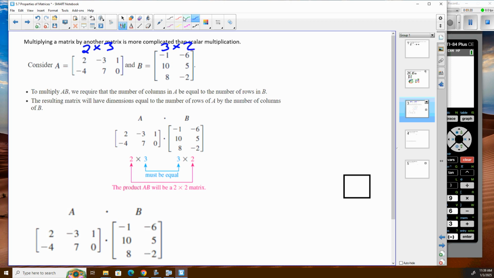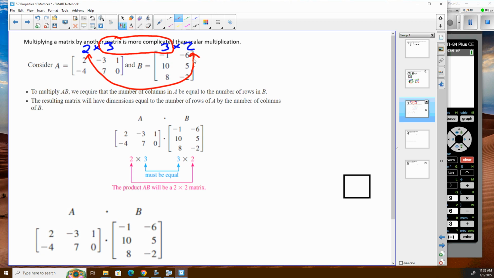If you are able to multiply 2 matrices together, the number of columns on the first matrix has to match the number of rows on the second matrix. So I can multiply matrix A times matrix B because those 3's right there are matching. And then my resulting answer will be a 2 by 2 matrix.